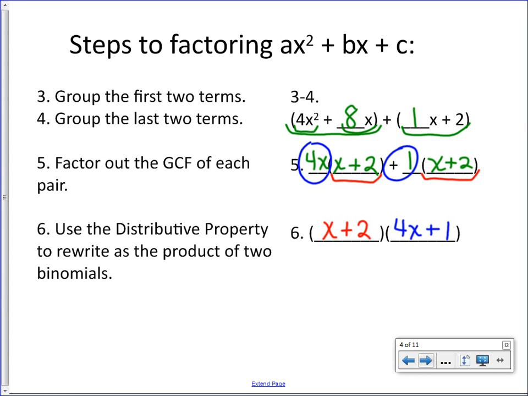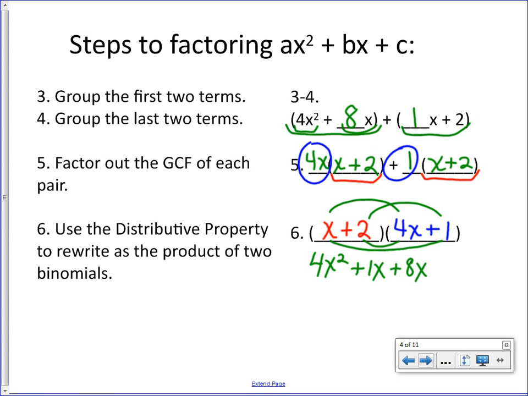So let's FOIL and check it to make sure that we get the original trinomial. All right, so we have x times 4x is 4x squared. Outer terms, x times 1 is 1x. Inner terms, 2 times 4x is 8x.